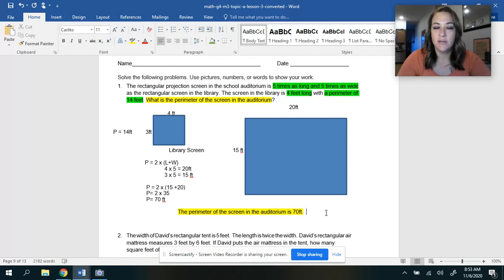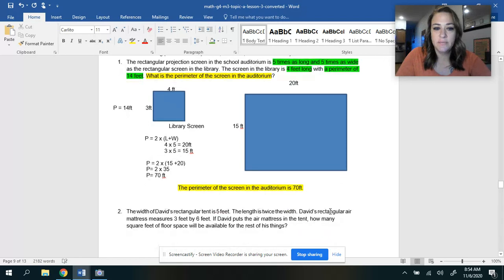Because if we are just looking at a problem and we're not figuring it out, we're guessing because it's a multiple choice question, or we're just plugging something in, then we're really not solving the problem. So I really want you guys to be making sure that you are working the problem out on paper, on a whiteboard, doing it with me if you want, because that's what we would be doing in the classroom, to really make sure you're understanding what's happening. Okay? All right, let's do one more together.